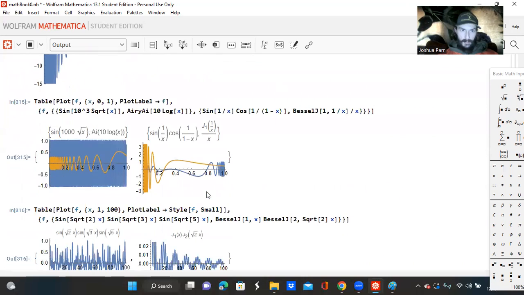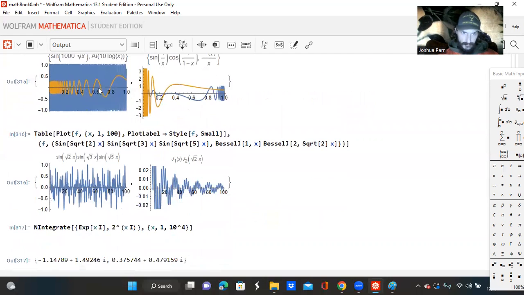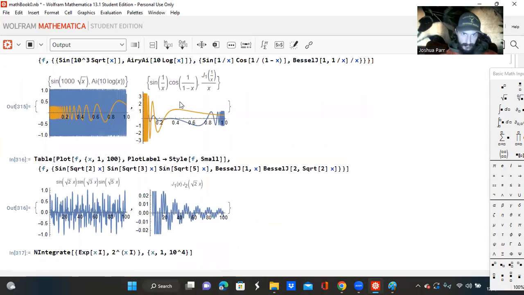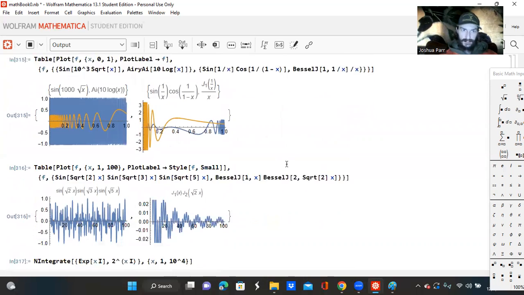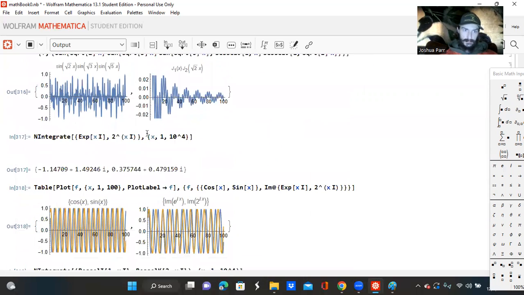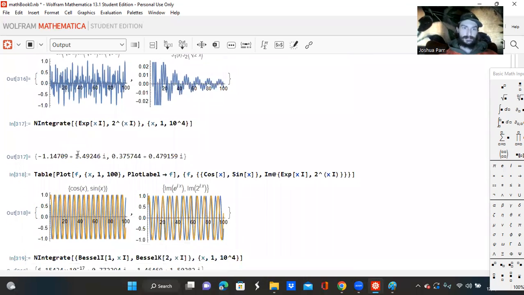Now I'm doing some combining here, making a plot of the Airy function and the Bessel function. Bessel J, Airy Ai. And then here is a plot representation of the information and integration.